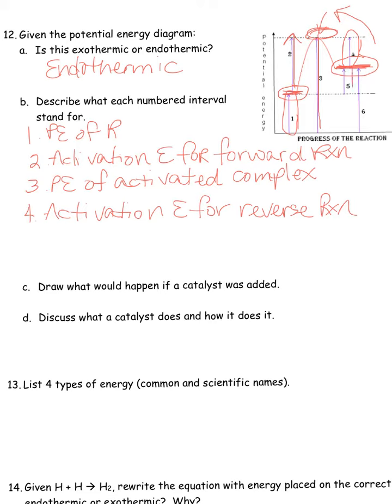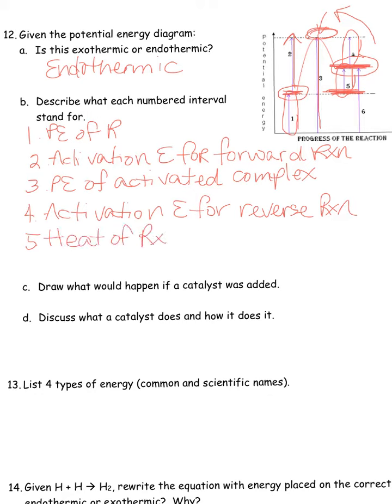More common for us in this chapter would be to look at this quantity number 5. Notice quantity 5 is the difference between the reactants and the products lines. Whenever we look at that difference, we're going to see that this is the heat of reaction.